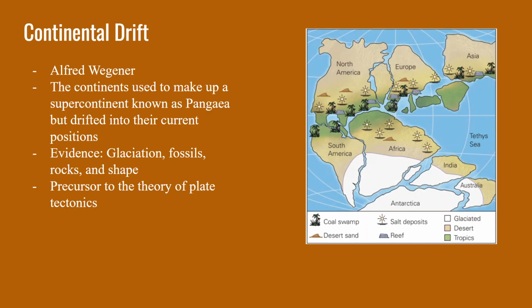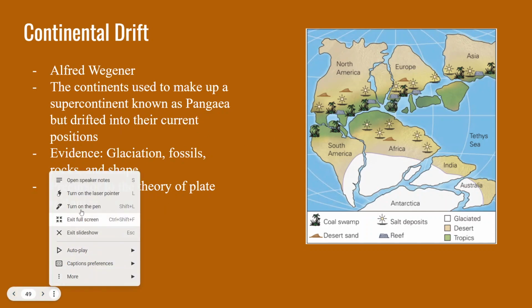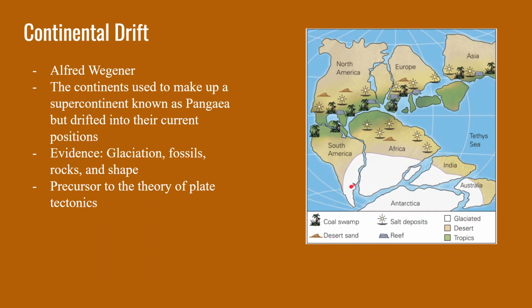As you can see on the diagram to the right here, he noted that there's evidence of glaciation across all of these southern continents, what we call Gondwana today, where it didn't really make sense for them all to be glaciated at the same time if they were where they currently are.